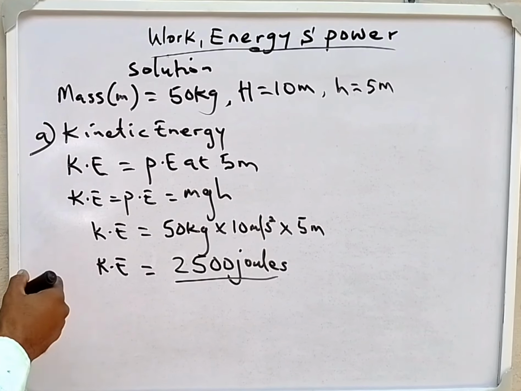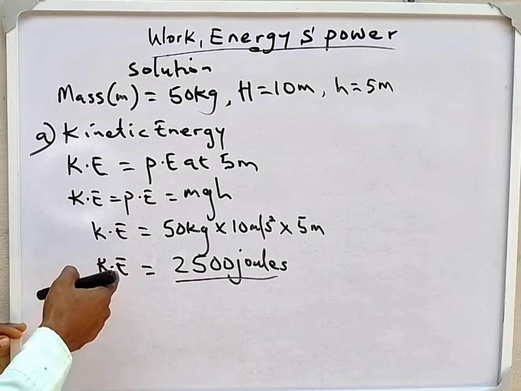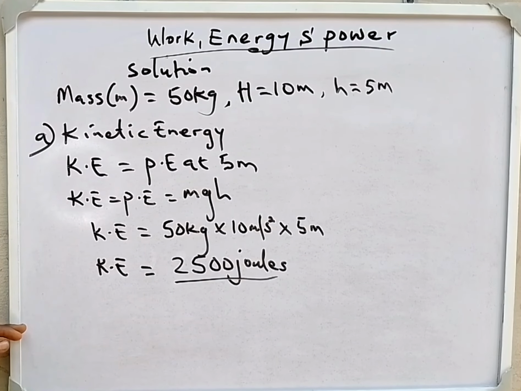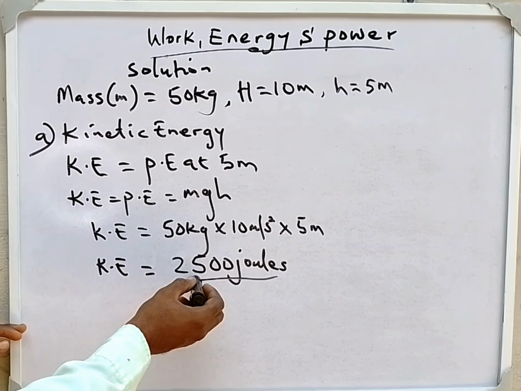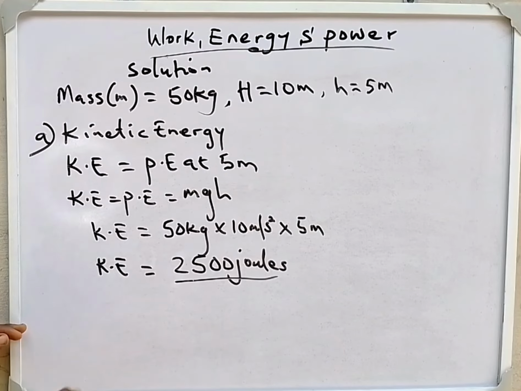So it means that kinetic energy of the stone as it falls halfway is 2,500 joules, and this is also the potential energy at 5 meters.